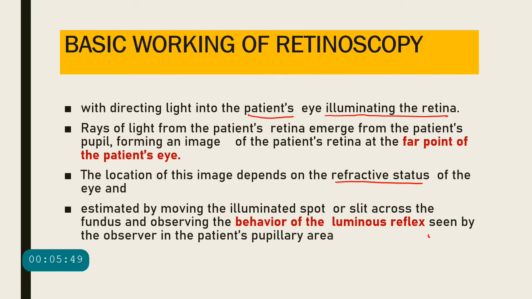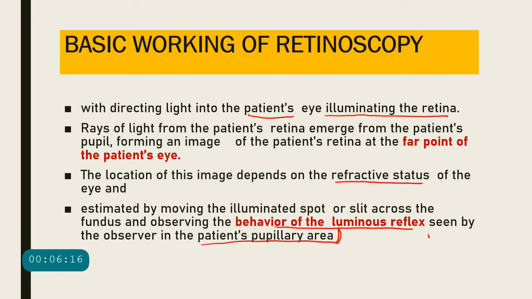Now what we do is study the rays which are coming out from the eyeball of the patient by moving our spot or slit, whatever we are using in the retinoscope. This studying of rays is called studying the behavior of the luminous reflex seen by the observer in the patient's pupillary area. So this is the very basic working of retinoscopy.